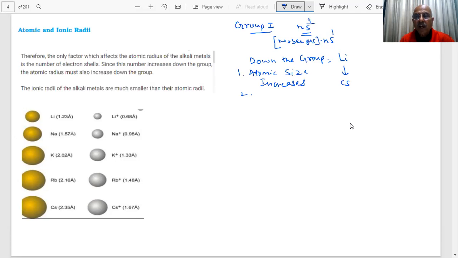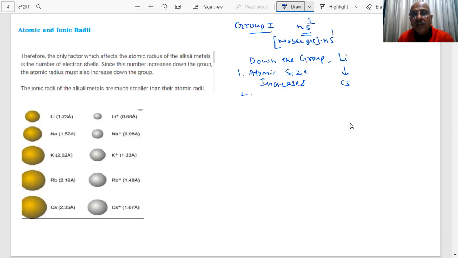You already know the answer. In fact, in the periodic table, alkali metals have the largest size, students. What is happening as you go down the group?